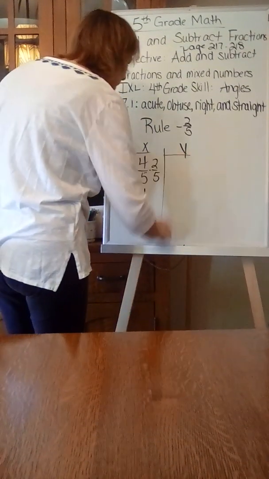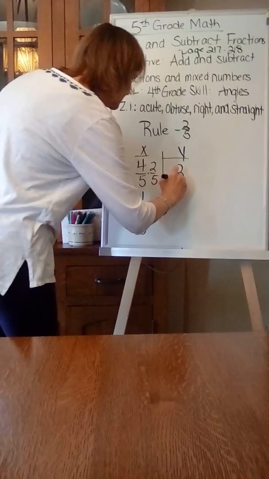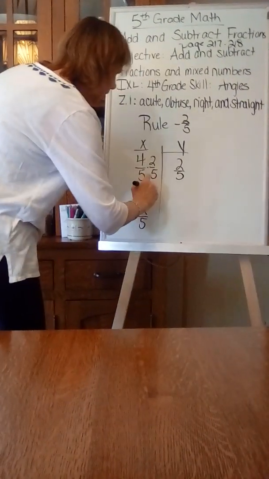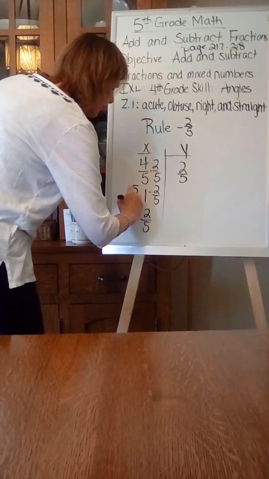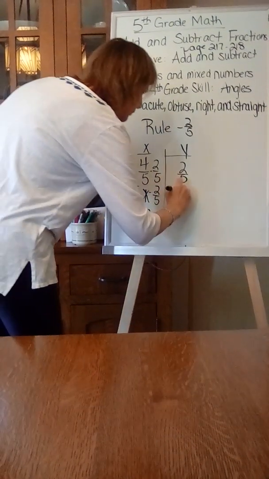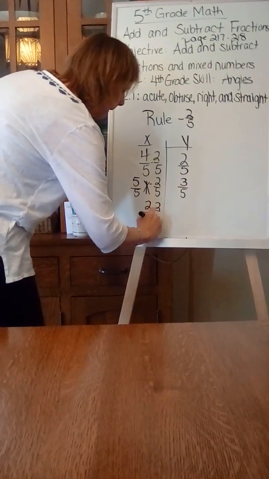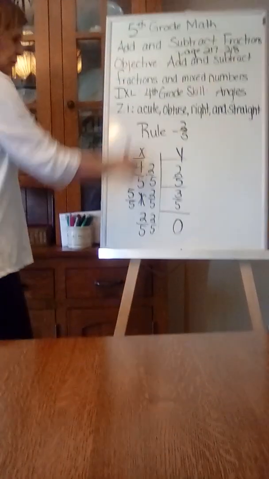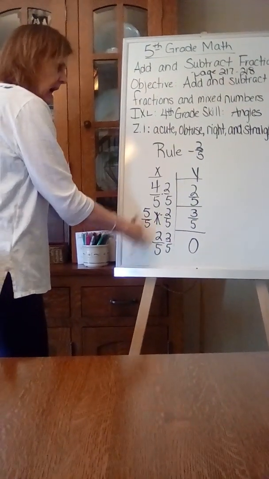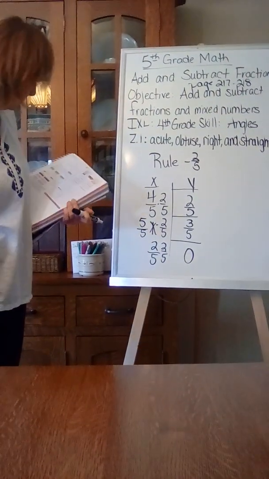So in this, I've got 2/5. Remember, I've got to convert this to 5 over 5. 3/5. All right, so all you have to do is take what's in the X column, subtract 2/5, and that will give you your Y column.